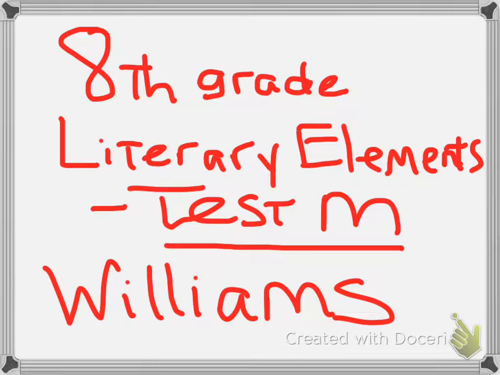Number 27, a character or force in conflict with the main character, usually has bad traits. Number 28, showing a relationship between pairs of things, ideas, or words.